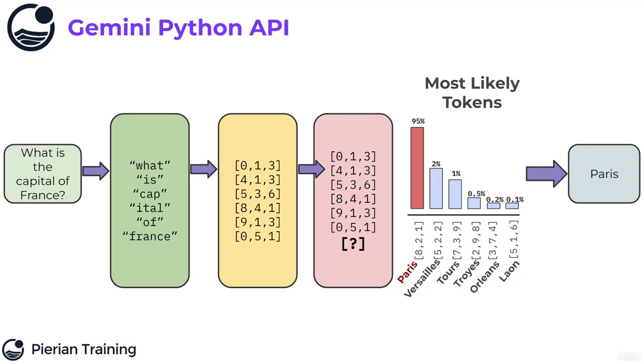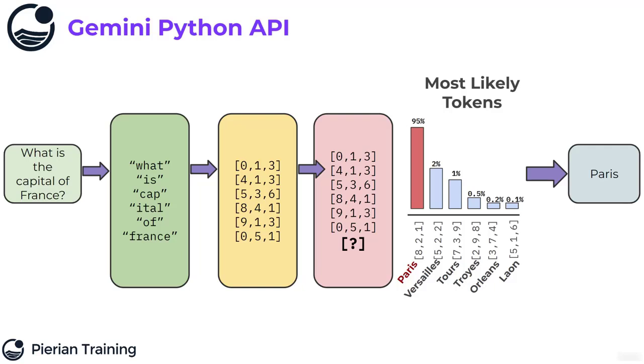But if you're doing something more creative, like asking for a poem, then there's going to be a kind of flatter distribution, and you're going to get more creative outputs. Because remember, you're not necessarily choosing the most likely token. You are sampling from this distribution. So in this kind of made-up case, you could have had a 2% chance of picking Versailles. Maybe that's because Versailles was a historical capital of France. So it's not necessarily guaranteed that you're always going to get the next most likely token.